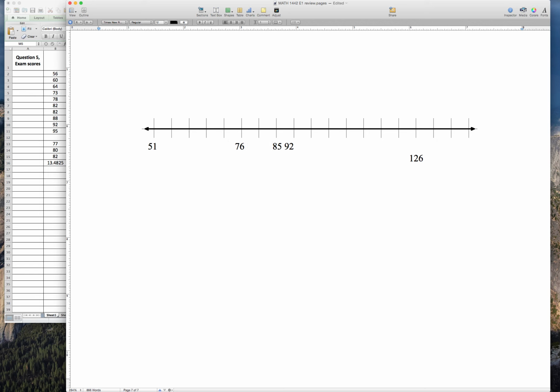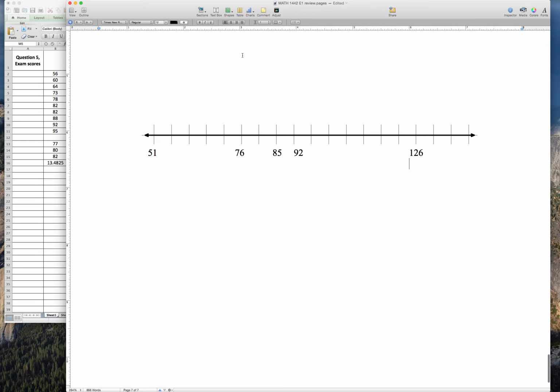And then 90 is right here. 92 will be just a little bit to the right of that. And then my 126 will be right here. Okay, so there's where my values are going to be.